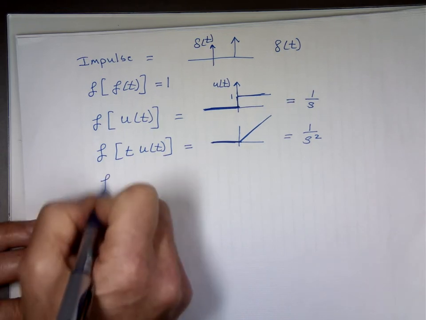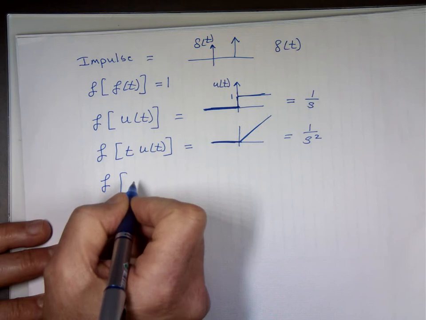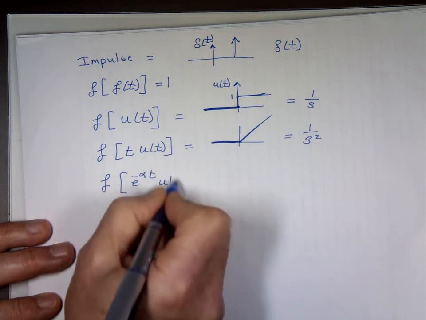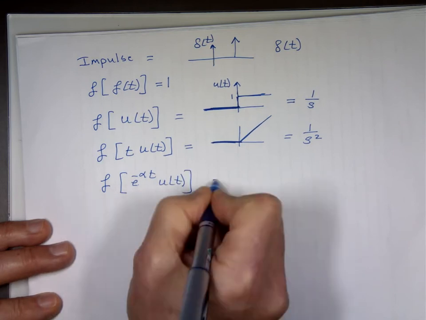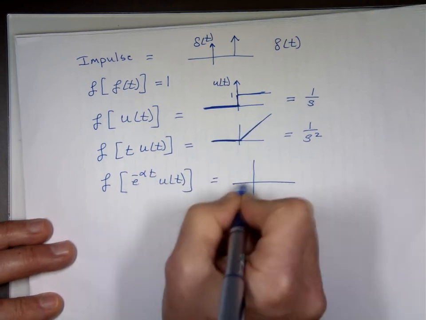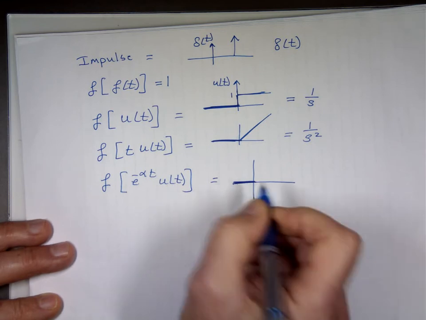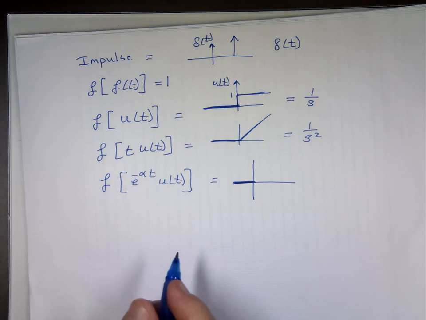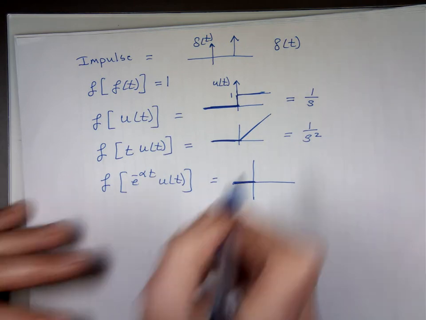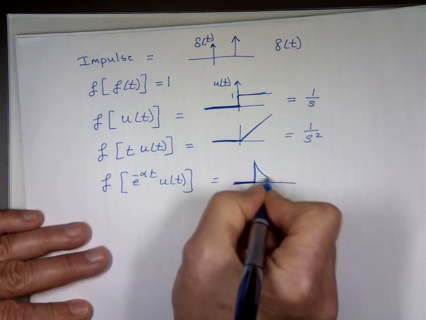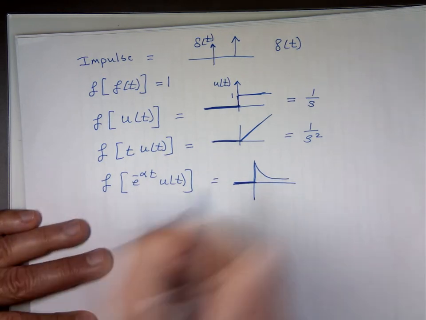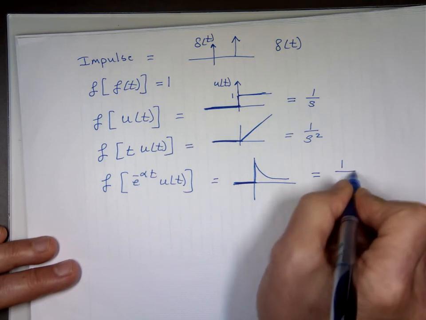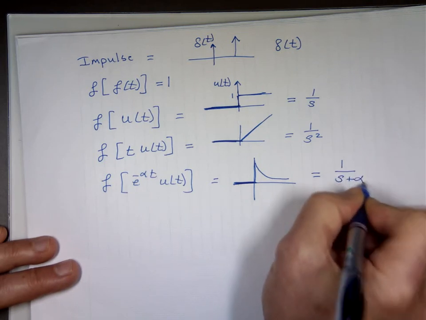The Laplace of e to the minus alpha t u sub t. Again, this function has a value of 0 till you get to there, then e to the minus alpha t, so it's decreasing. The Laplace of e to the minus alpha t is 1 over s plus alpha.